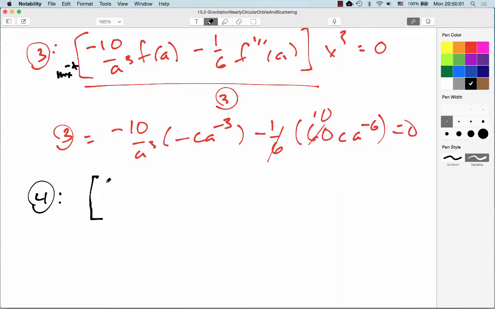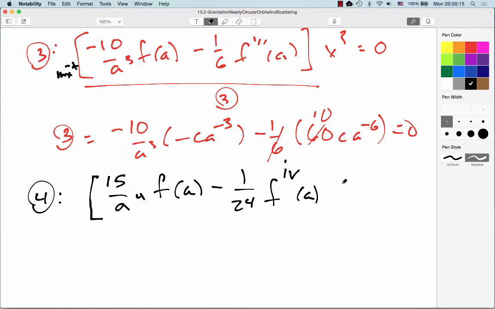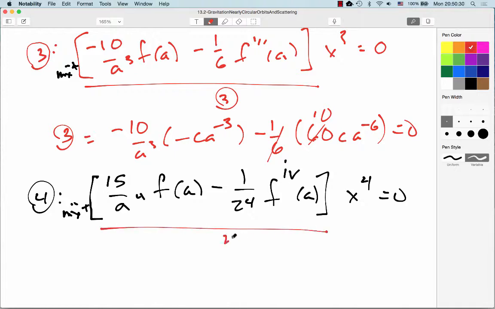The thing in the brackets here is just going to turn out to be 15 over a to the 4 f of a minus 1/24 times the fourth derivative of a. I refuse to write quadruple prime. I go to small Roman numerals at that time. X to the 4. We can say mx double dot plus and demand it equals 0. But again, we're just looking at the thing in the brackets 4.